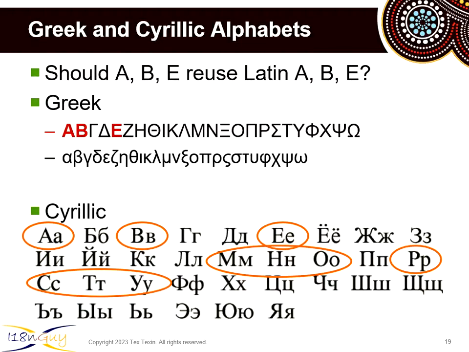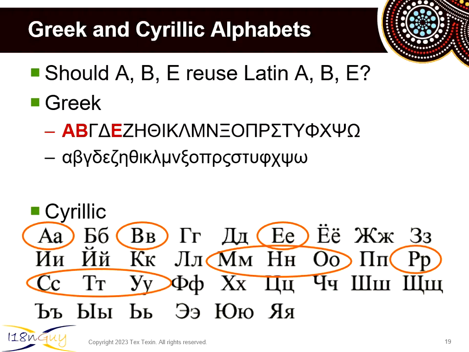There are also cases where the characters look the same, but they're used in different writing systems. So here we have the Greek alphabet, and you can see that it has characters that look like the letter A and B and the letter E. And here is the Cyrillic alphabet, and you can see again the letter A and B, there's C, T, Y, E, right?